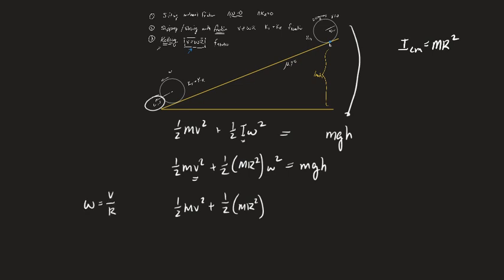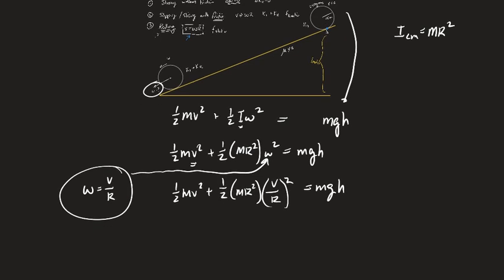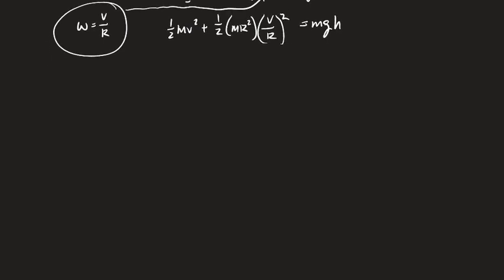When you know something is rolling, you get to use this. And this is where it gets used. We put everything in terms of the type of velocity we're being asked about. In this case, we're being asked about the linear speed of the object that's rolling. So I'm putting everything in terms of the linear velocity. Now, if you look carefully, the r's cancel out.